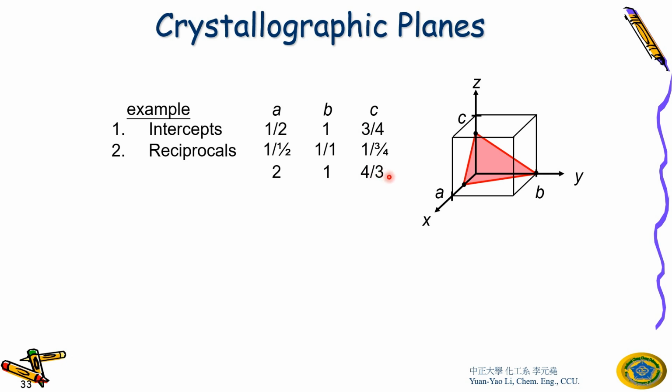You need to make it become the smallest integer. So you have to times 3 for all these 3 numbers. So that will be 6, 3, and 4. So you do the parenthesis 6, 3, 4 parenthesis. So this is the Miller index addressing this plane. Easy, right? Easy.